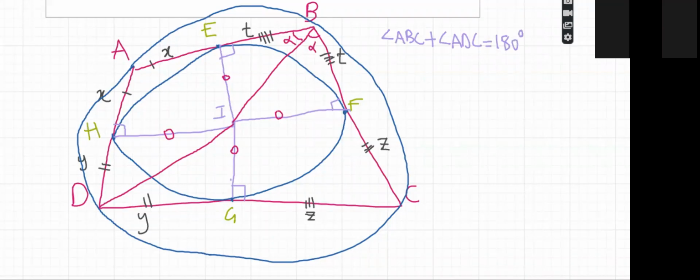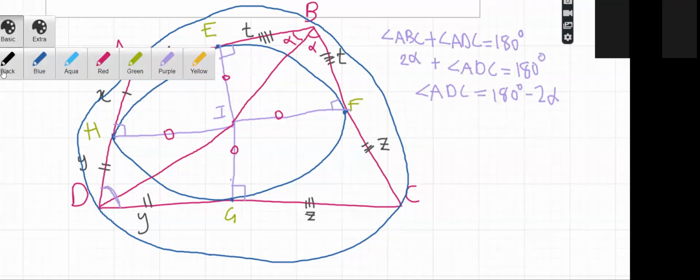This means we have ABC is equal to 2 alpha, and we add ADC, and we get 180 degrees. So ADC is equal to 180 degrees minus 2 alpha.